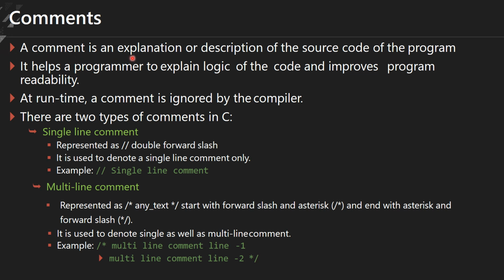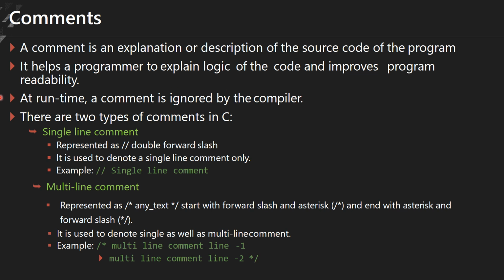A comment is an explanation, a description of the source code of the program. That means it gives the definition of each and every line. It helps the programmer explain the logic of the code and improves program readability, right? At runtime, a comment is ignored by the compiler.